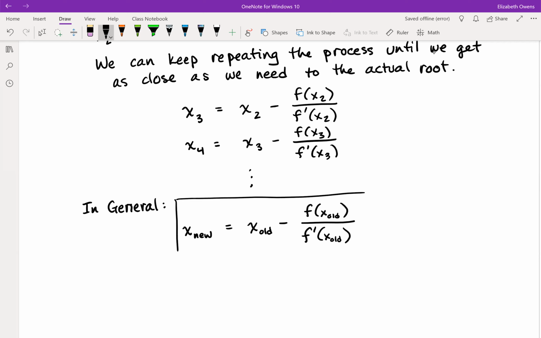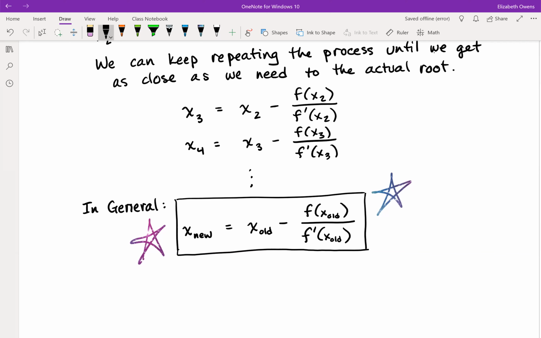Okay, and so that is the formula for Newton's method, written in one way at least. All right, so this is a great idea to know for this section.